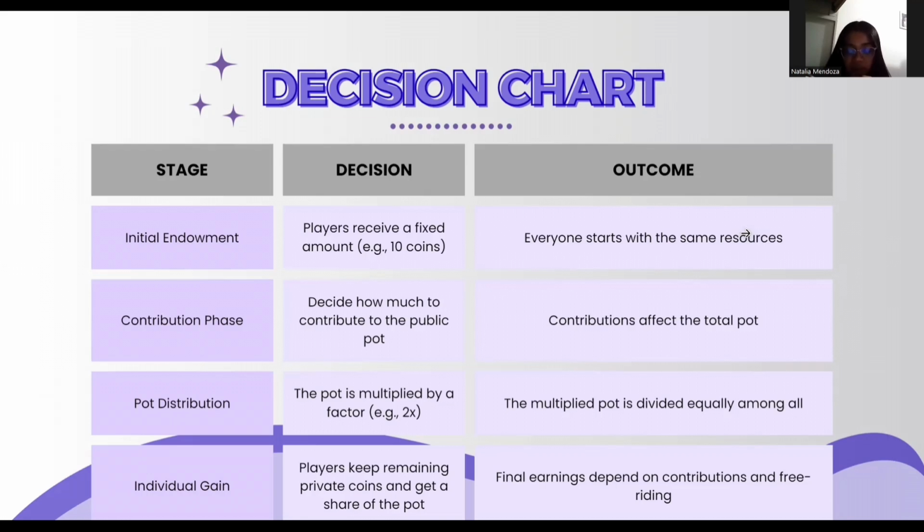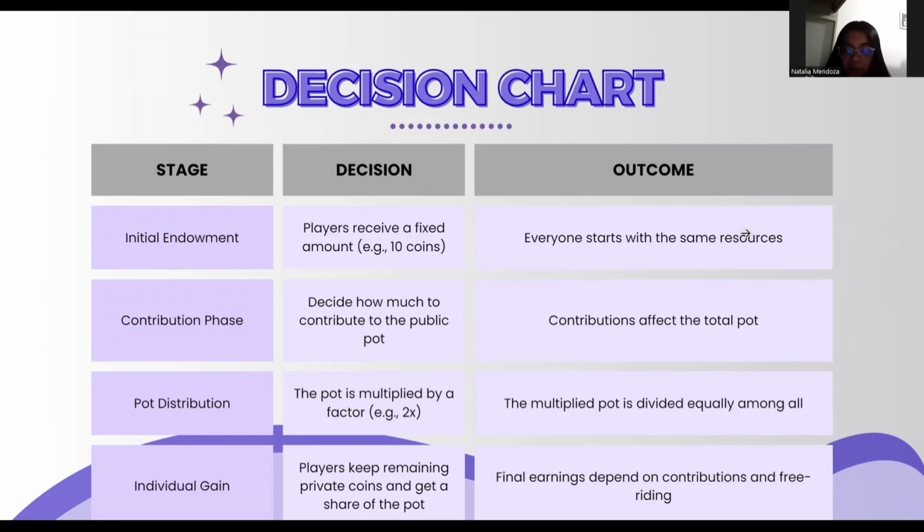This creates a tension between personal gain and group welfare, as players must weigh whether to contribute more to benefit everyone or to free ride, keeping their coins while benefiting from others' generosity. As we can see, the game ends with each player keeping any coins they didn't contribute, in addition to receiving their share of the common pool.